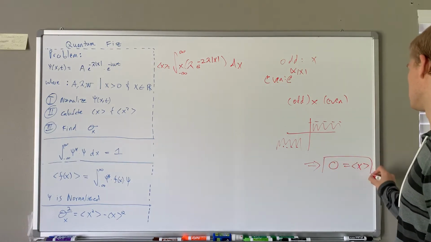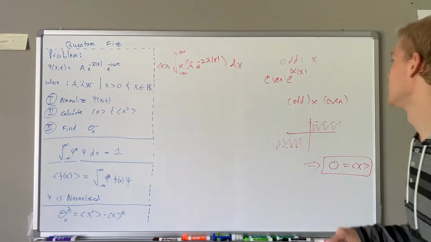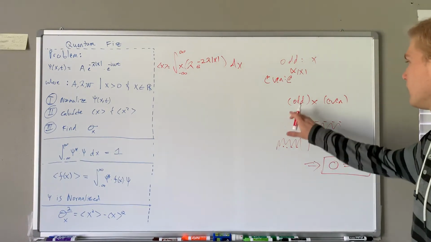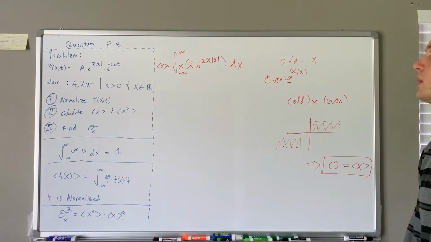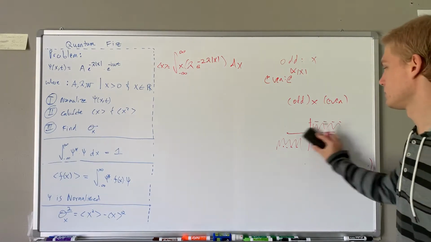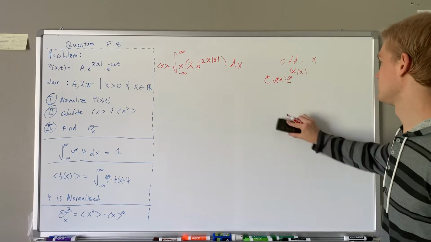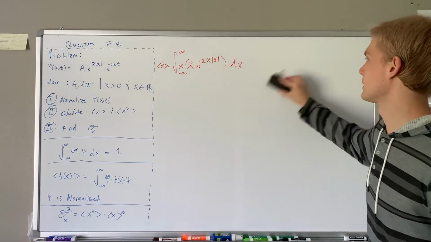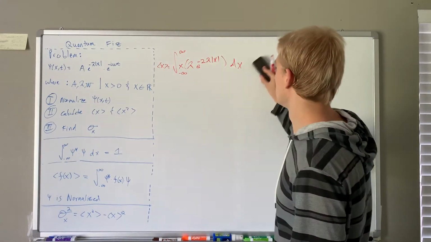So that's what you do for this one, but for the other one you can't do that. Here you get an odd function times an even function, and the bounds of the integral are symmetric. So now we know the expectation value for just the x function is 0.